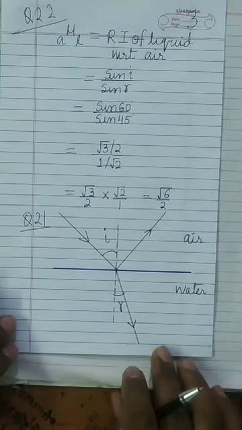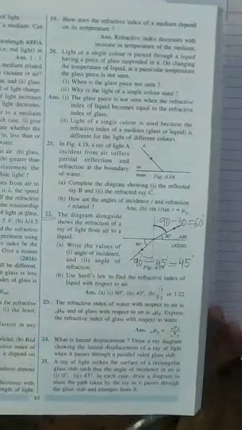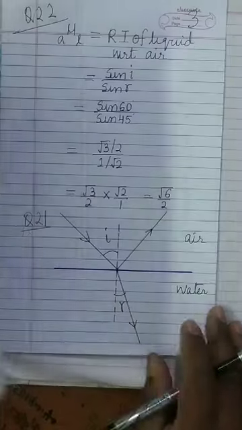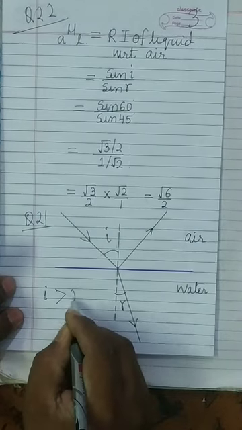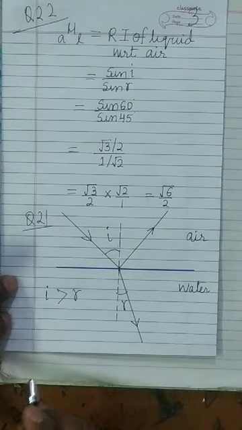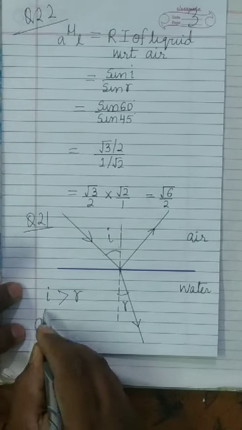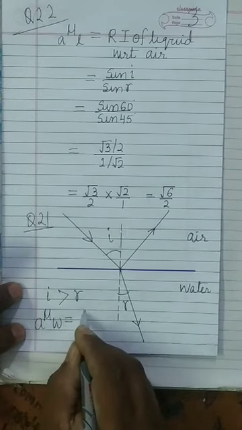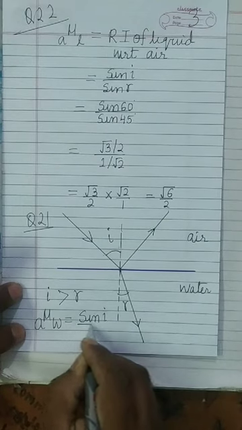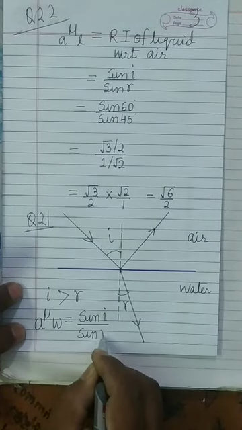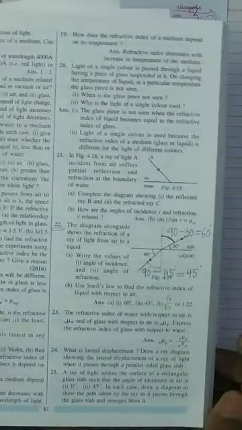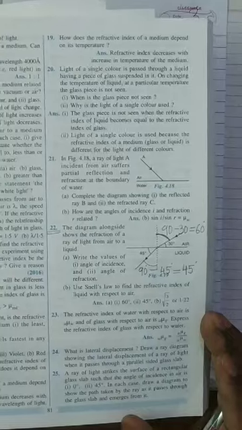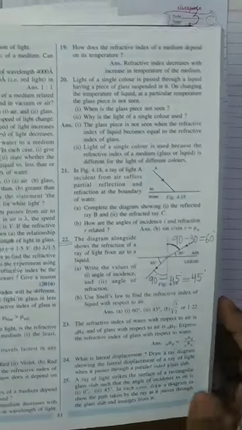Now you have to write the relation between the angles I and R. One answer can be I is greater than R. Another answer can be a mu w equals sin I upon sin R. If it is asked, you can write both, because that is also a relation. I greater than R. It's clear?